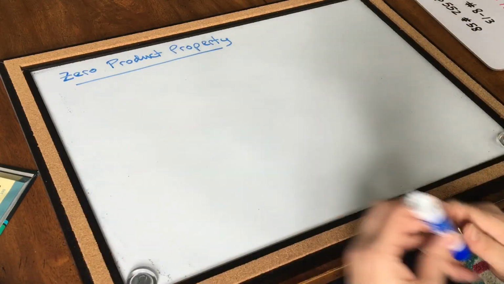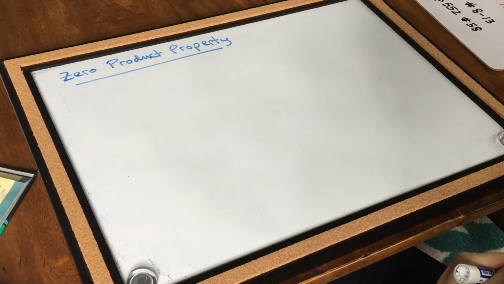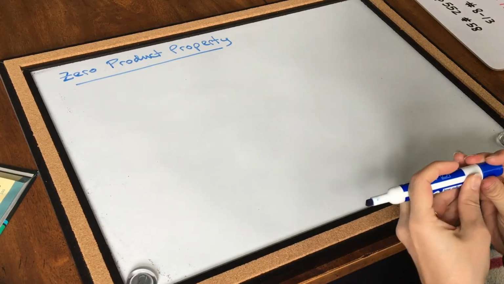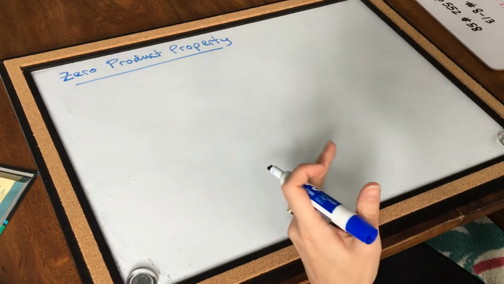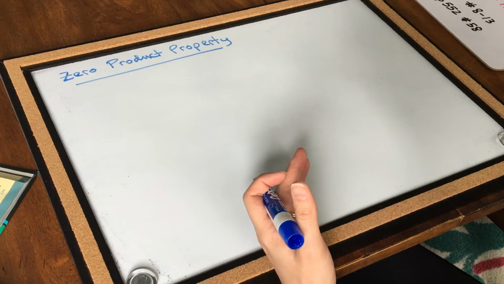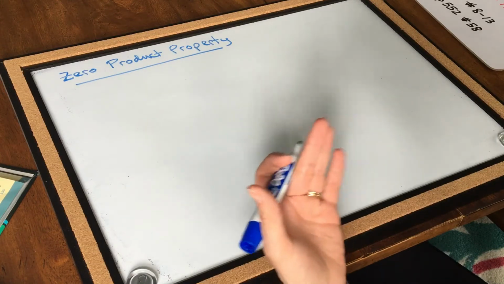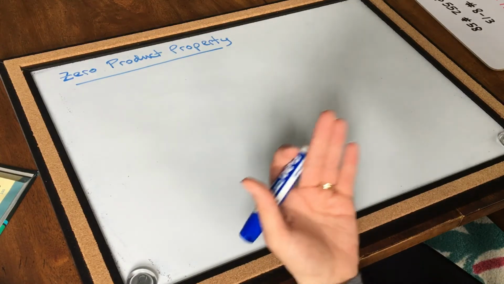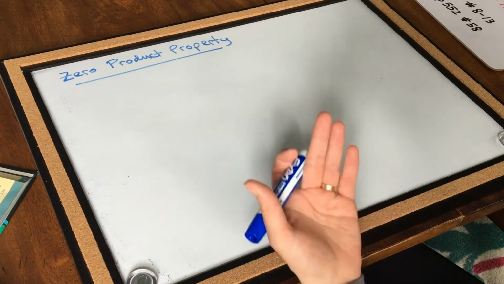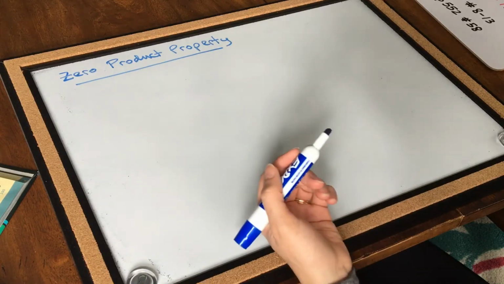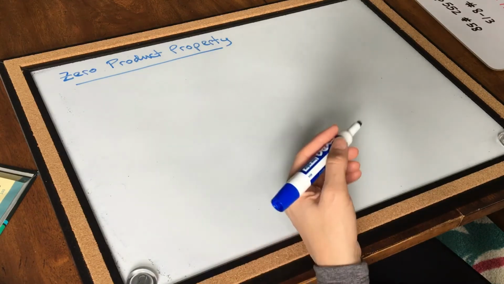So, the zero product property. This has to do with quadratics because when we solve a quadratic equation, we're always looking for solutions, and solutions are the places where the graph crosses the x-axis and where y equals 0.